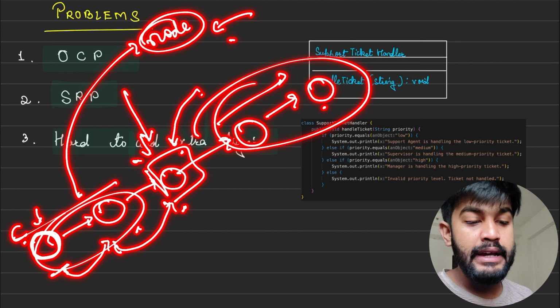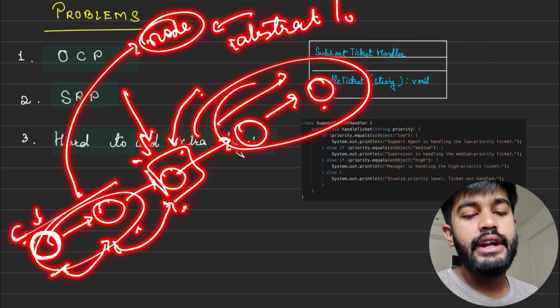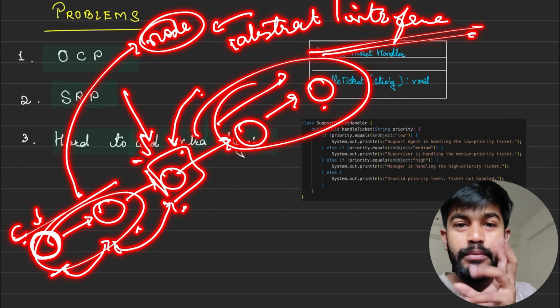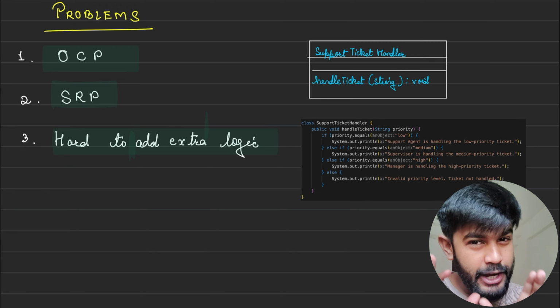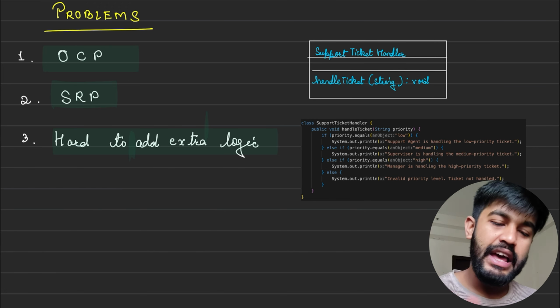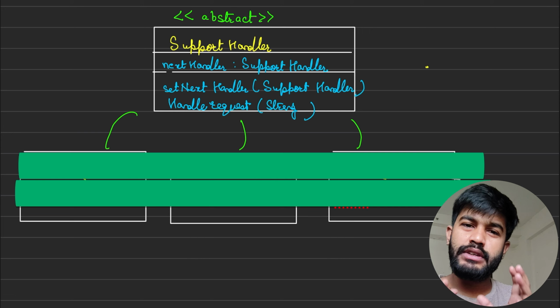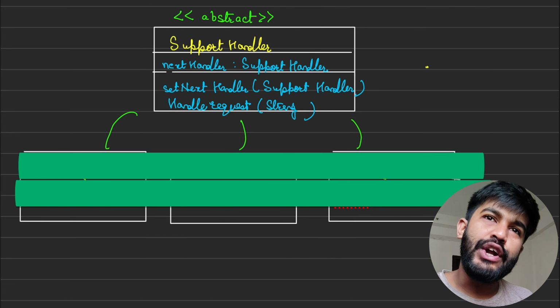And then all these nodes can be referred to by an abstraction or interface, so that everyone is treated the same, to have polymorphism. Like a little bit of intuition. And this is indeed what the chain of responsibility pattern tells us. That we have a kind of linked list.